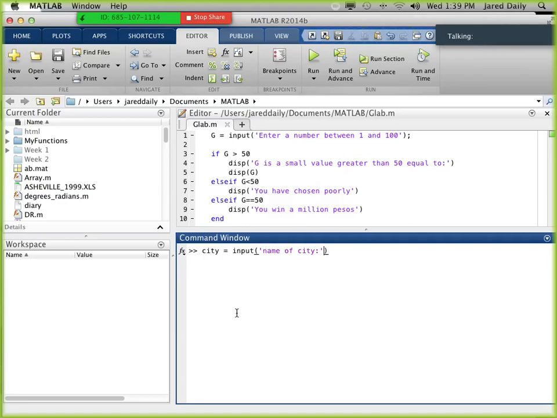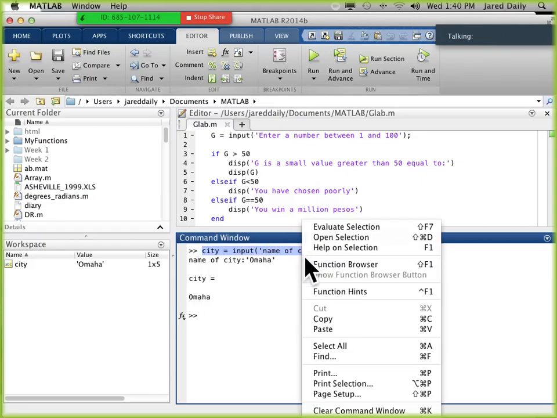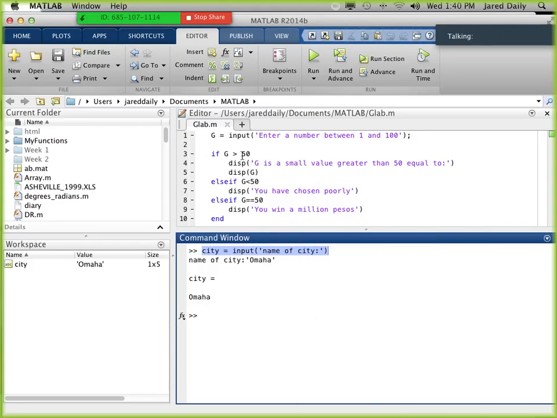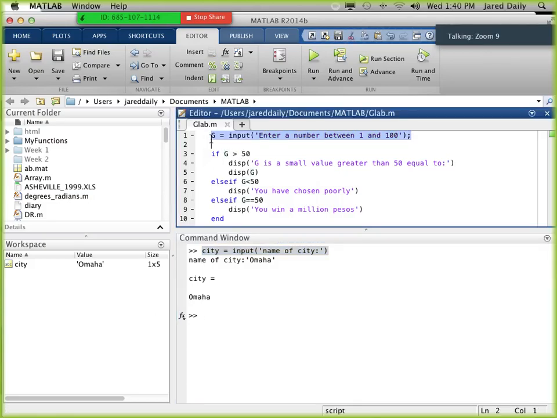They want you to put the name of the city in single quotes because they want it entered as a string. So maybe I enter in Omaha or something. Whatever I enter, I enter it in single quotes so that it comes out as a string.